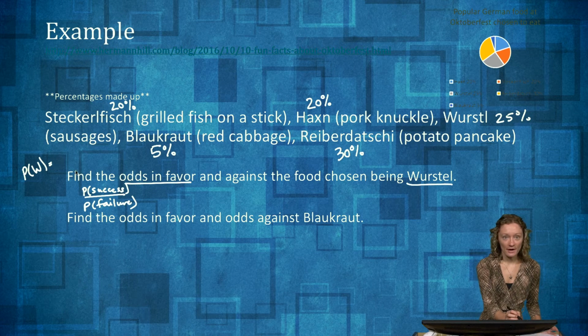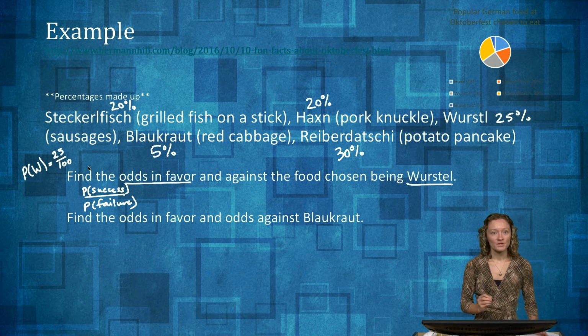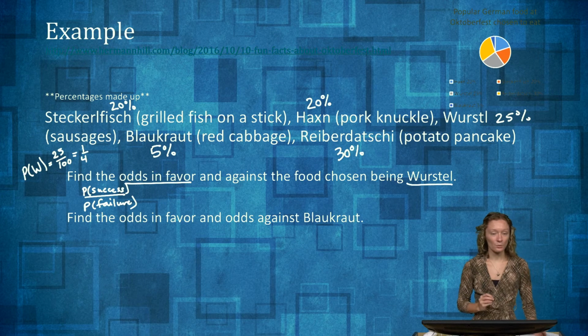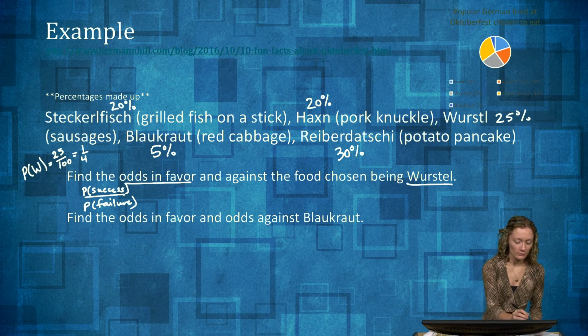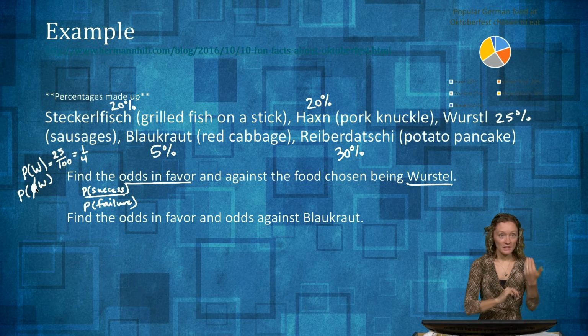So how do we make that a fraction? 25% means 25 out of 100. 25 out of 100 simplifies, use your calculator or do it by hand, to 1 over 4. So the probability that Wurstel is chosen is 1 over 4. The probability that Wurstel is not chosen would be the remaining portion.